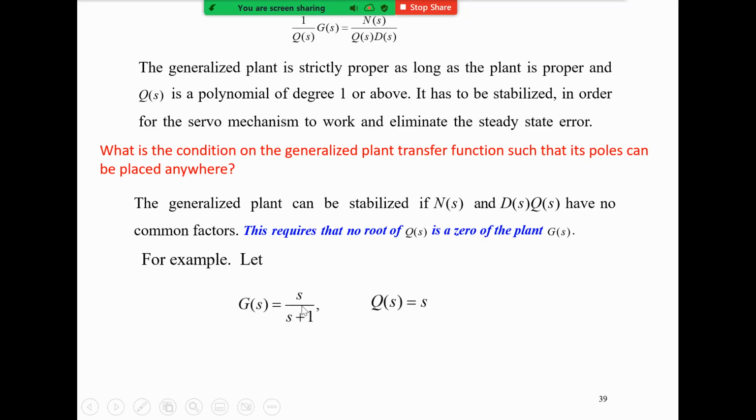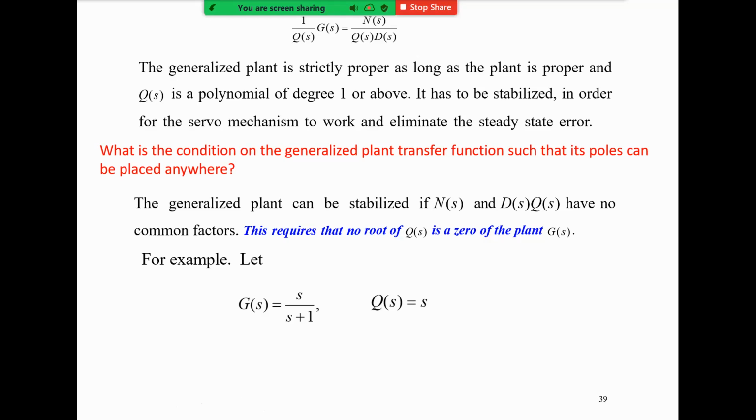I'll give you one example. If you have a system like this, you know that the N has an S. But if you try to reject a step type disturbance, then the Q will also have an S. Then there is this S and this S, they have a common factor.